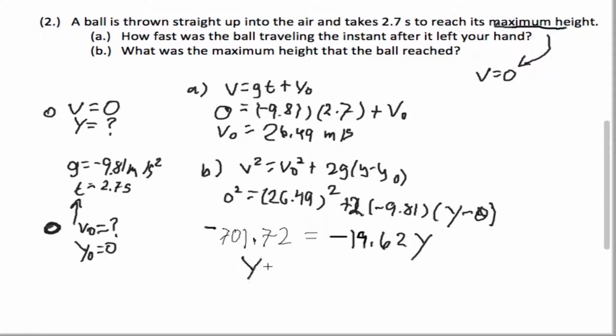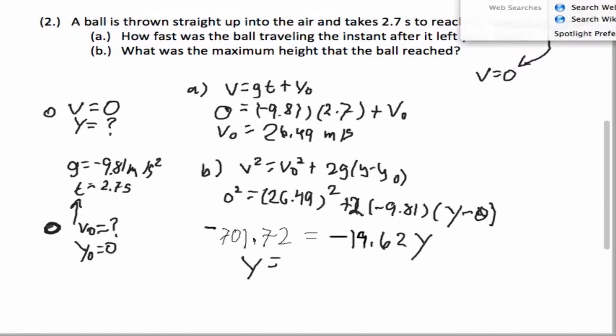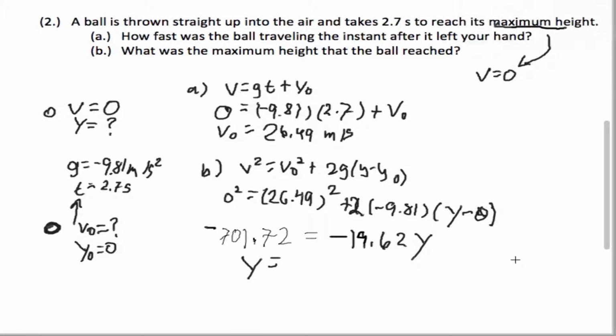And then when I solve for my final height, I'm going to actually end up getting 701 divided by 19.62. And that gives me a final height of 35.76 meters.